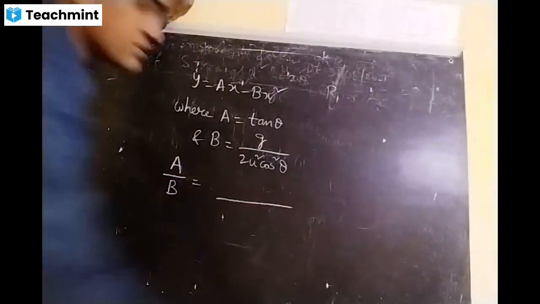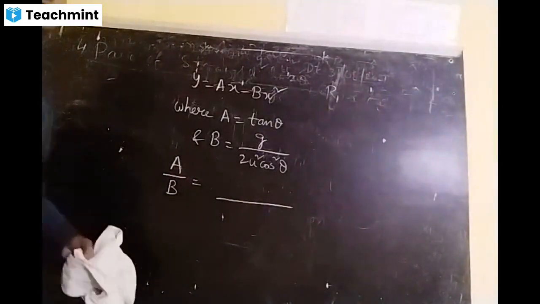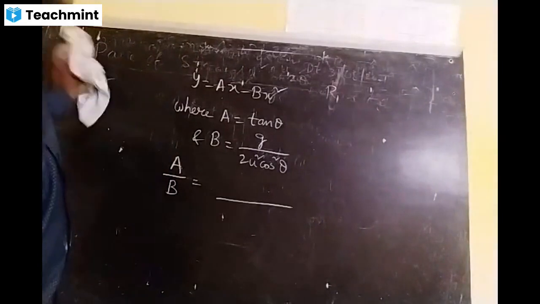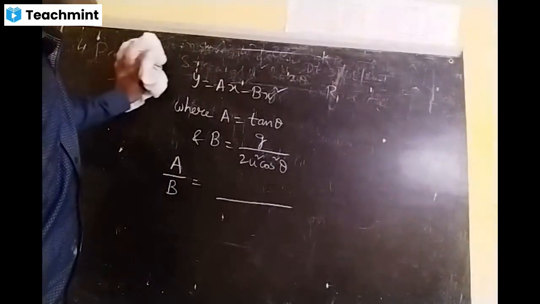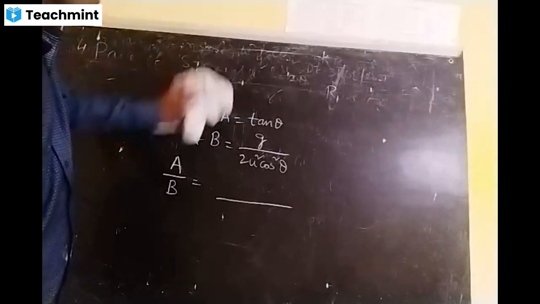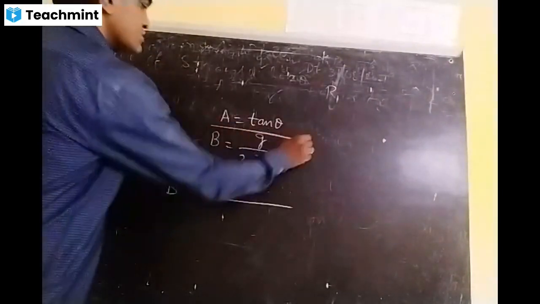Tan theta into 2u square cos square theta by g. Very good. Finally, let us see what we do. Now A is given, B is given. So I will divide these two.